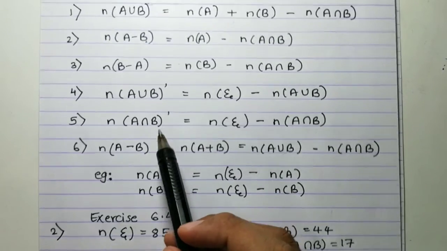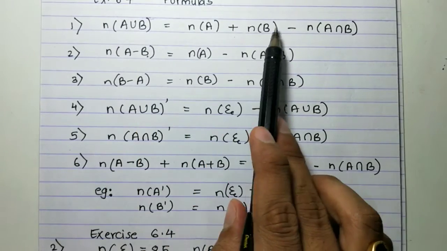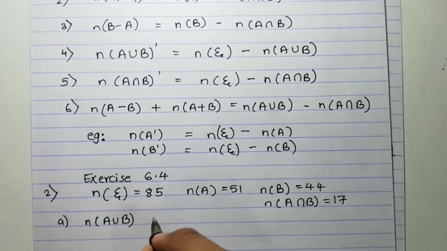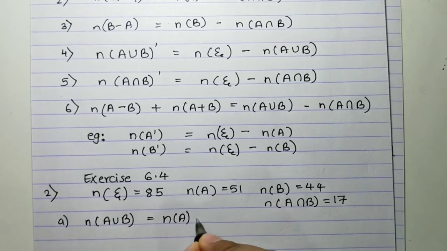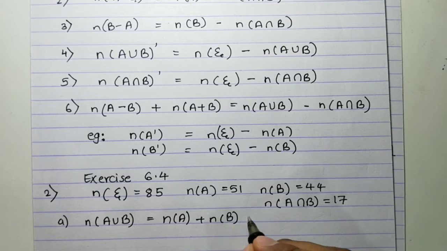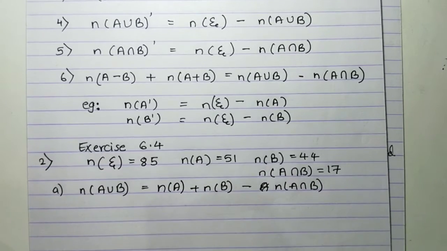What is the formula for A union B? A plus B minus A intersection B. So copy this formula. N of A plus N of B minus N of A intersection B. Okay, very simple.